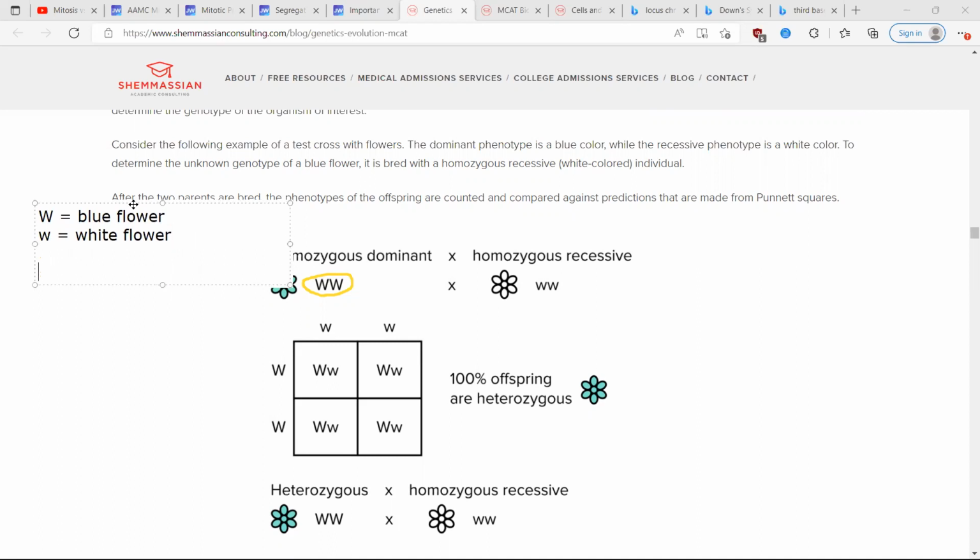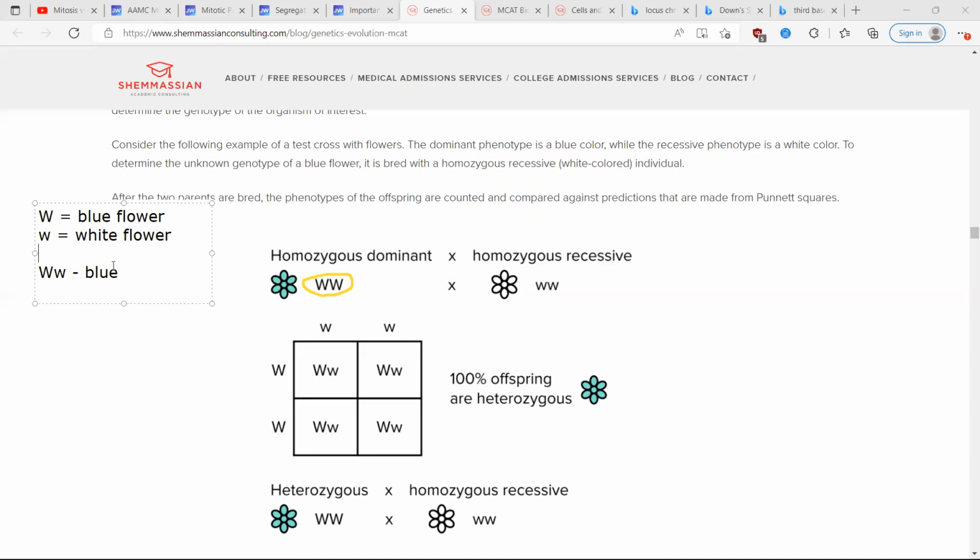So when we have two alleles, an offspring can have this WW, right? And so what will they be? Will they be blue or will they be white? Well, if the capital one is the dominant one, it overtakes the white, so overall it will be blue.